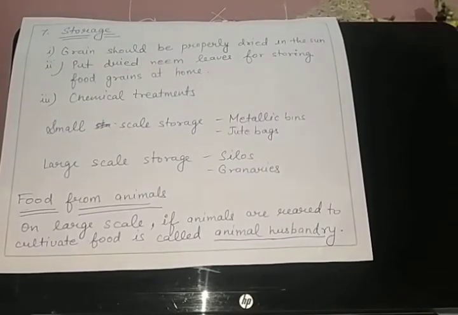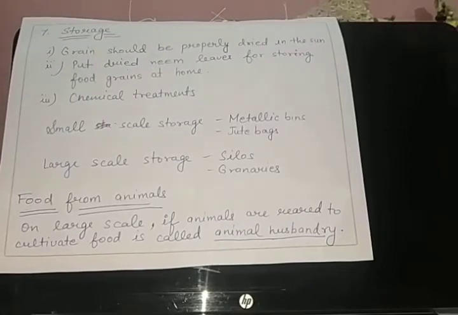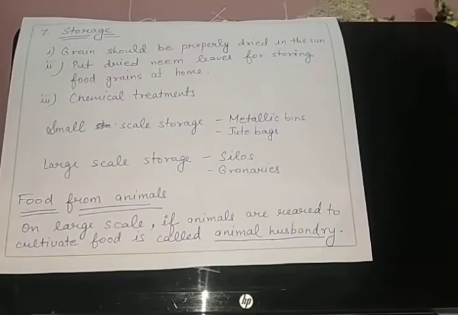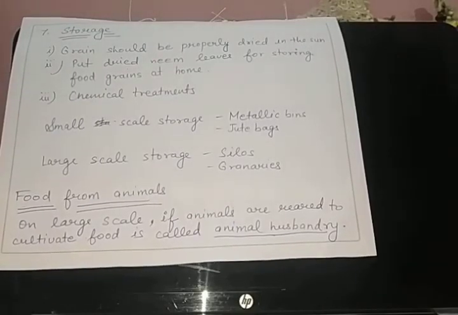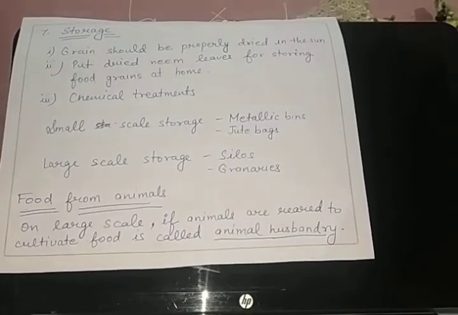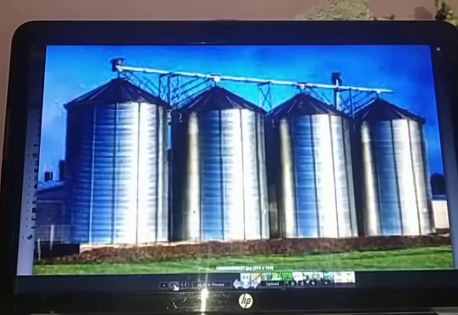The place wherever you are putting the grains has to be chemically treated, so that any microbes there are going to be killed. The storage can be done at home. If it is done at home, it is done in metallic bins or in jute bags. On a large scale, it is done in silos and granaries.